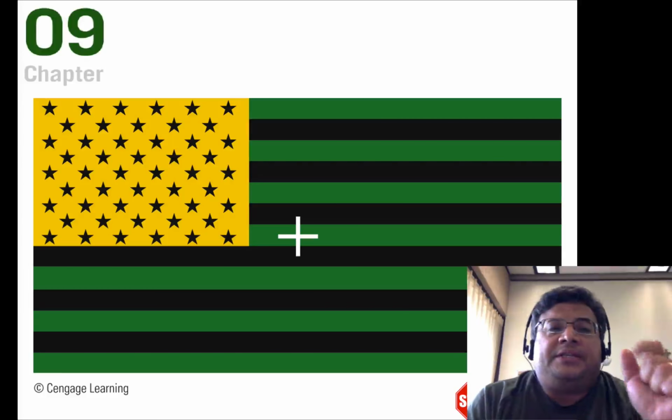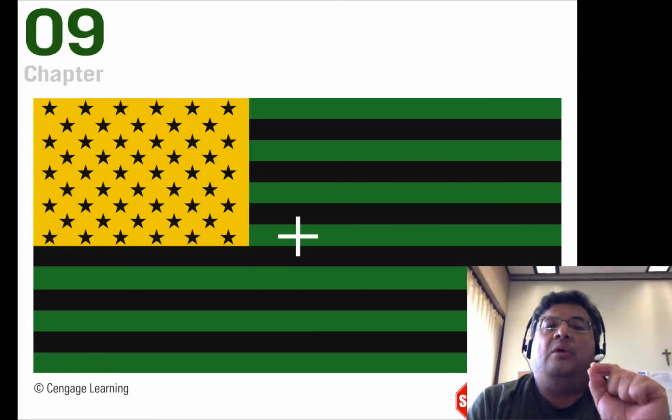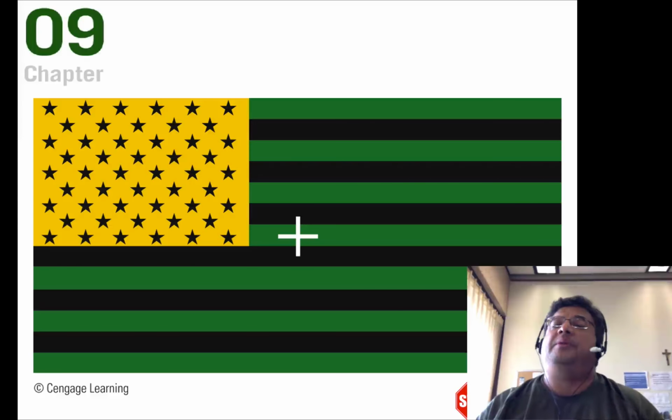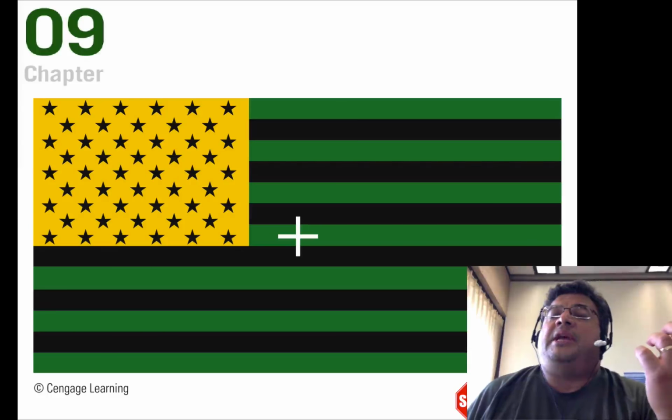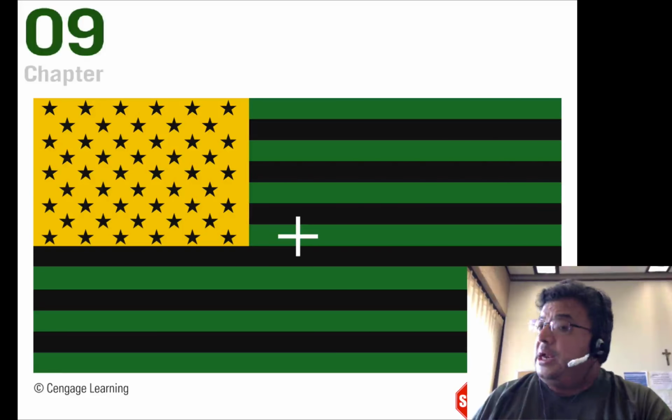What's happening is, as you stare at that cross, you're burning the colors green, black, and yellow into your retina. Remember, the process that mediates the color green is also attached to perceiving red.